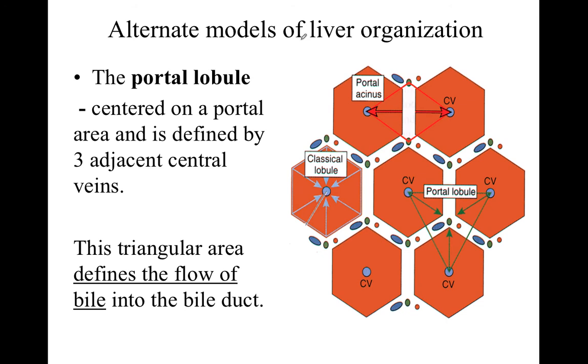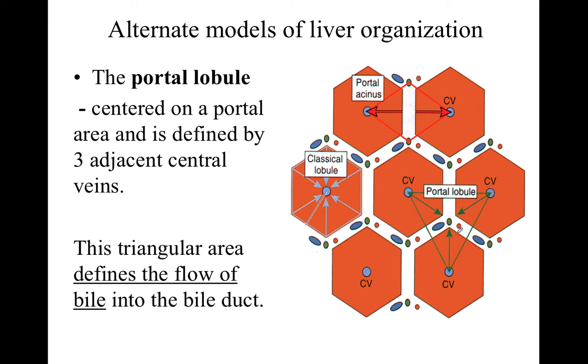As I said in the beginning, we have the classical liver lobules, which have a hexagonal arrangement. As I said, at 2 or 3 angles, we have the portal area. We have some alternative organization or model of the liver organization. We call it the portal lobules, and it is centered on the portal area and is defined by 3 adjacent central veins.